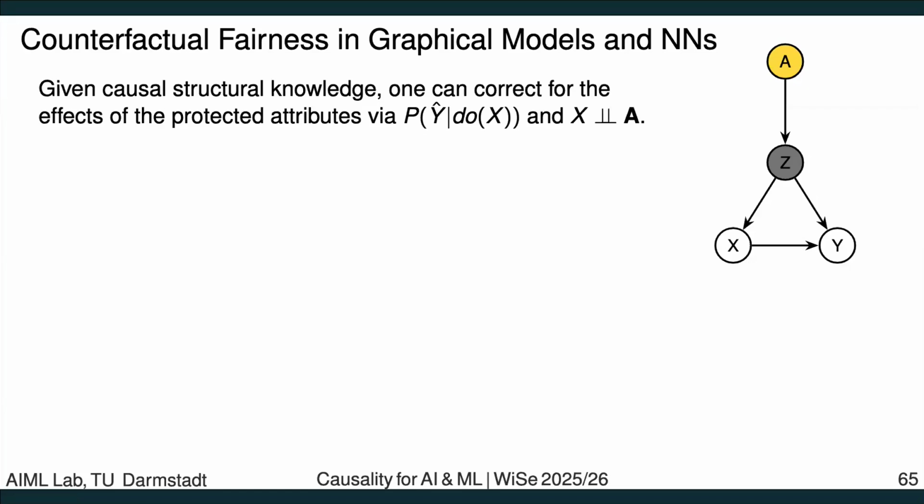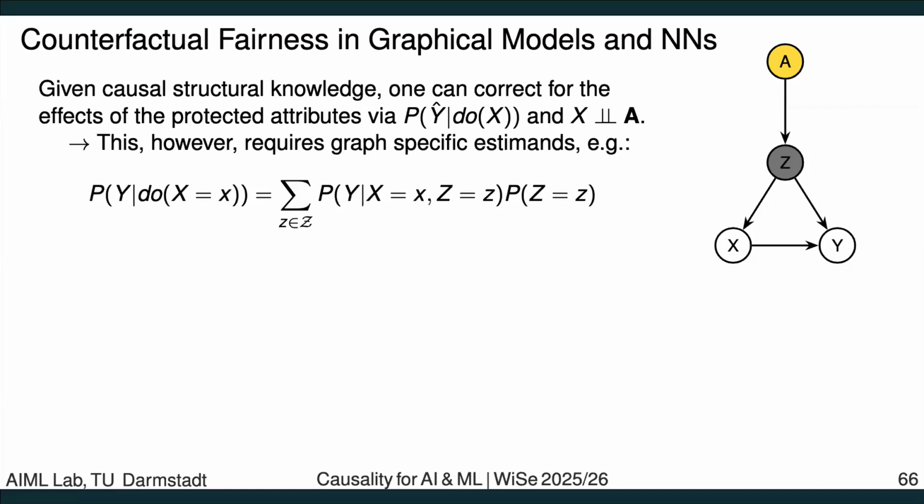We want to have the effects of X on Y. We have some confounder that we observe, and it's a child of some protected attributes. And what we then really can do is do our adjustment, which from what we already know really gives us the effect of X on Y. So it's independent of Z and therefore especially independent of A.